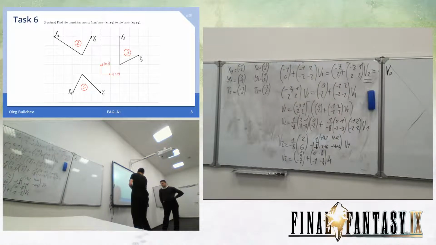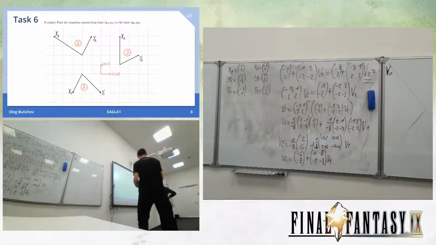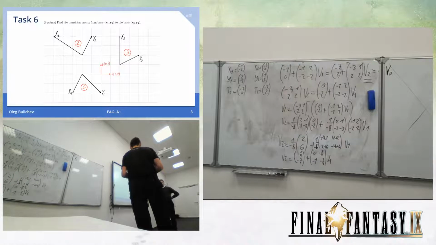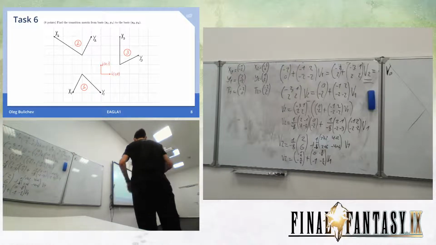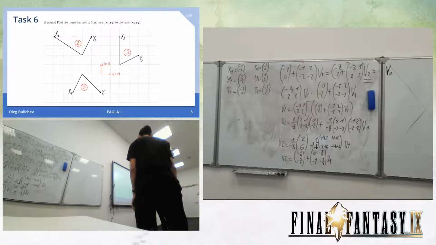Actually, it is easy to check. One of the possible ways is to make one extra transformation from this to this, so you can check it.